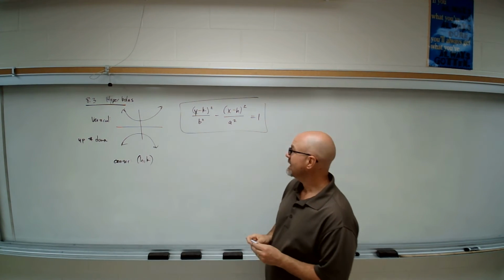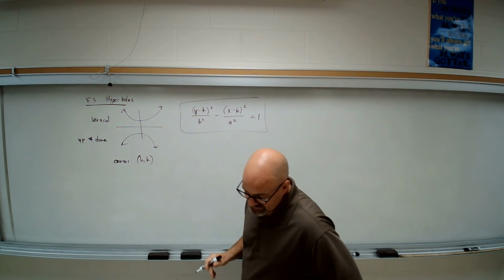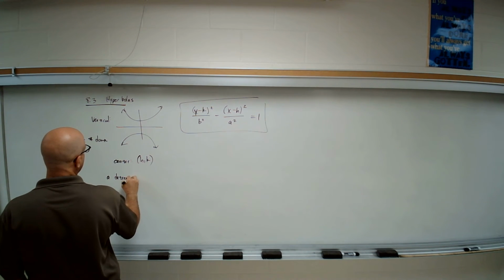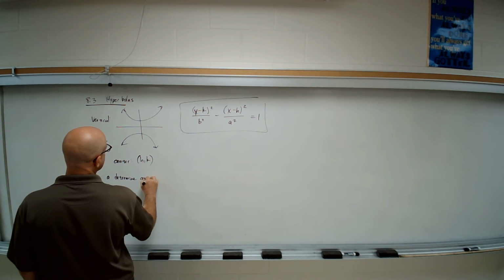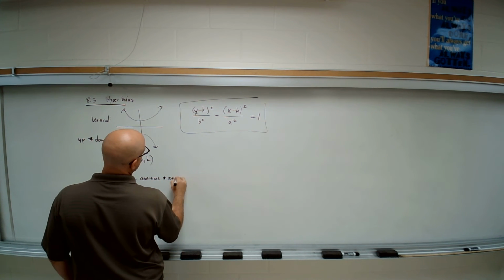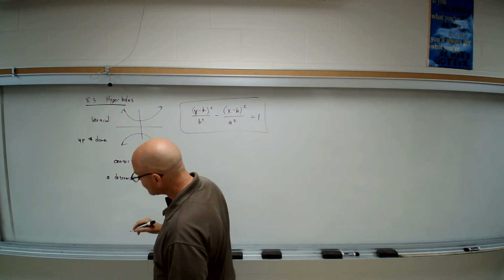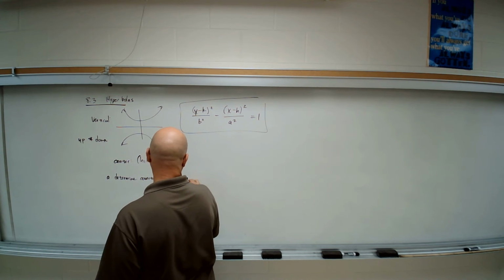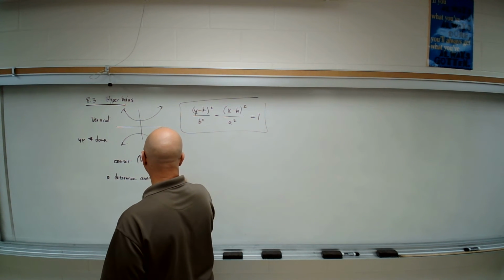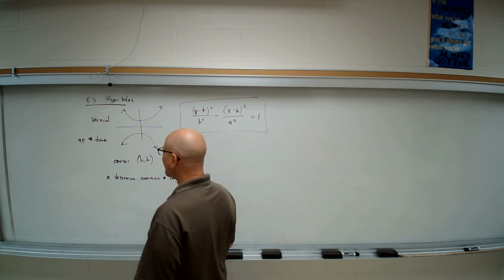Okay. Now, a is still going to be our side-to-side number, but in this case, a will determine covertices and the conjugate axis, but again, I spelled conjugate wrong. And the conjugate axis, but we really don't use that much.